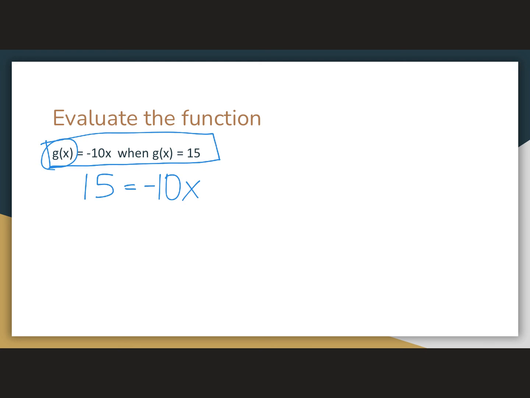We are going to divide both sides by negative 10 to figure this out. So I've got 15 divided by negative 10 equals negative 10x divided by negative 10. Negative 10x divided by negative 10 just gives me x. 15 divided by negative 10 gives me negative 1.5.